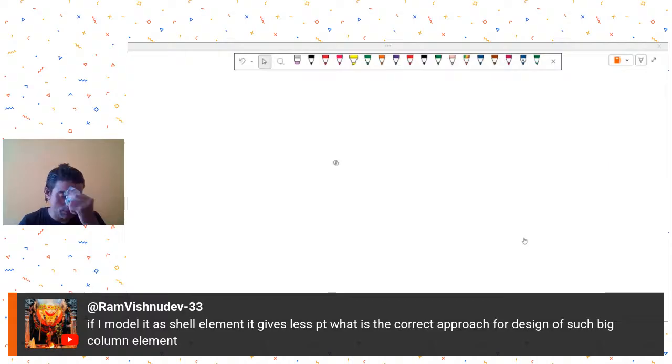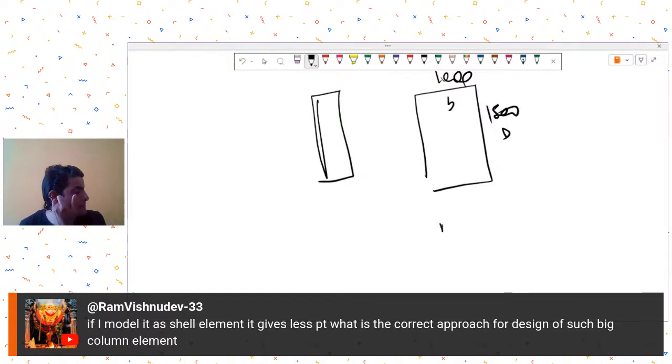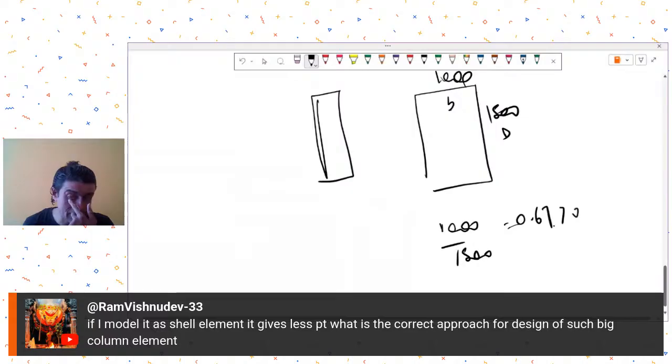So 1000 upon 1500, B by D. So what is the B upon D coming? 0.67. So it is greater than 0.4.